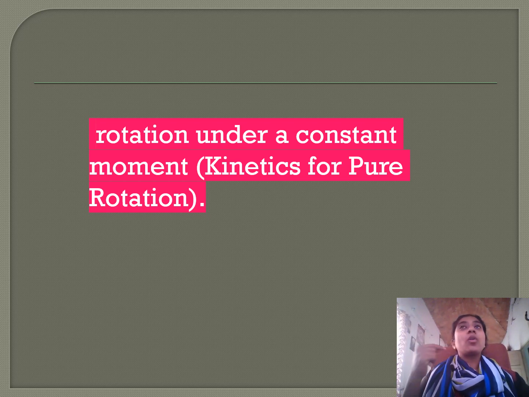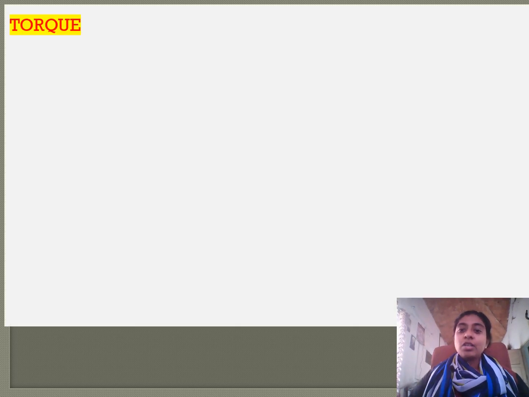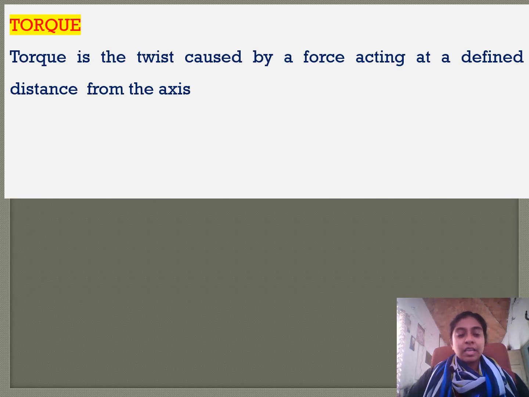When we discuss curvilinear motion or rotational motion, the external force applied will be a moment. Moment or torque both mean the same. We represent this moment or torque as capital M or capital T. First of all, we will see what a torque is.